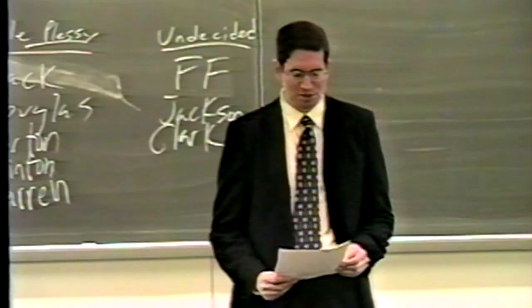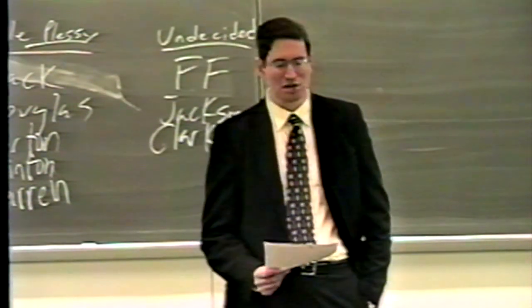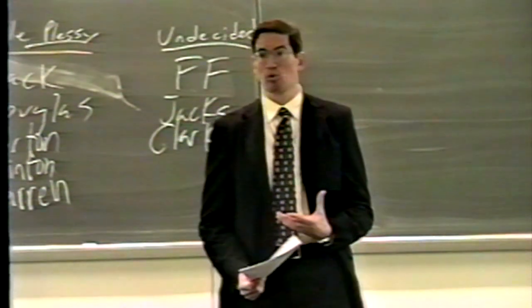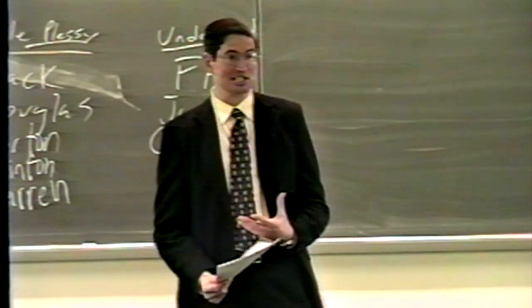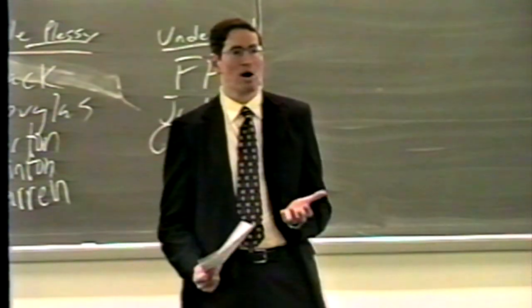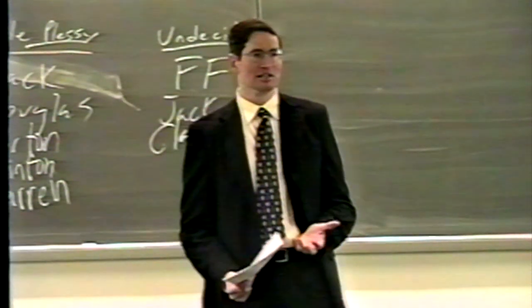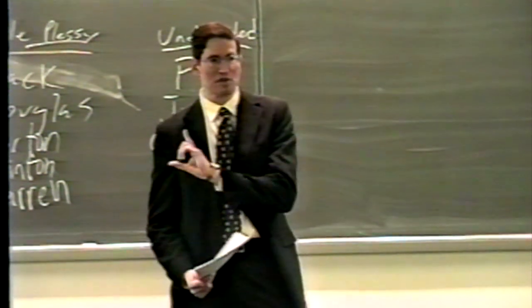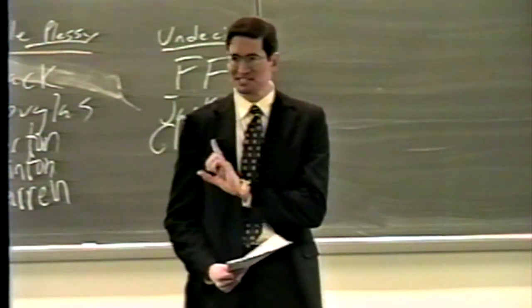There are 2 factors pushing strongly in the direction of unanimity. One is, everybody on the court understands that the white South is going to fiercely resist this decision. They don't want to give critics anything to latch on to. So there's a lot of pressure on those who don't agree with the result not to write a dissent.